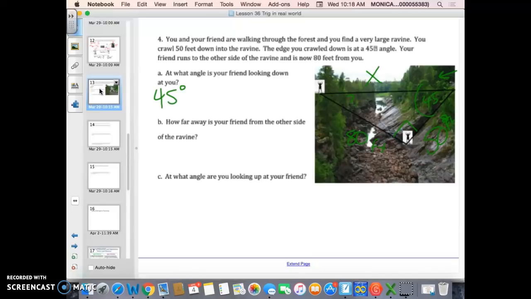So the cosine of 45 equals 50 over x. So this is going to be a division problem, so you can go ahead and take 50 divided by the cosine of 45. And we're not going to answer this question. So that should give you an idea of how to do this. The reason I knew this was a 45 degree angle is because if you know one of the angles, it's just 90 minus 45, which gives you 45 degrees.